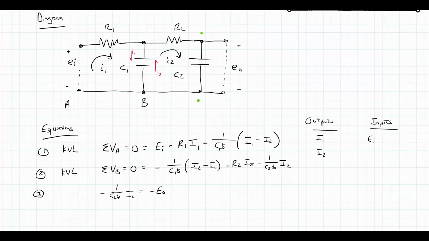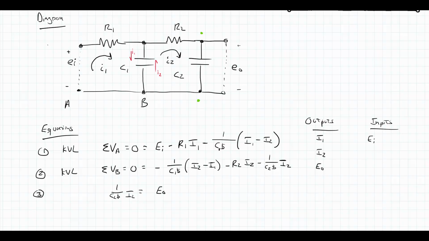So I can say that negative 1 over C2s I2 equals negative E out. For simplification, since they're both negative, those negative signs cancel out. So I get 1 over C2s I2 equals E out. So why did I do that? I've now added a third output, but it's an output I needed in order to get what I need in the end, that specific transfer function of E out over EI.